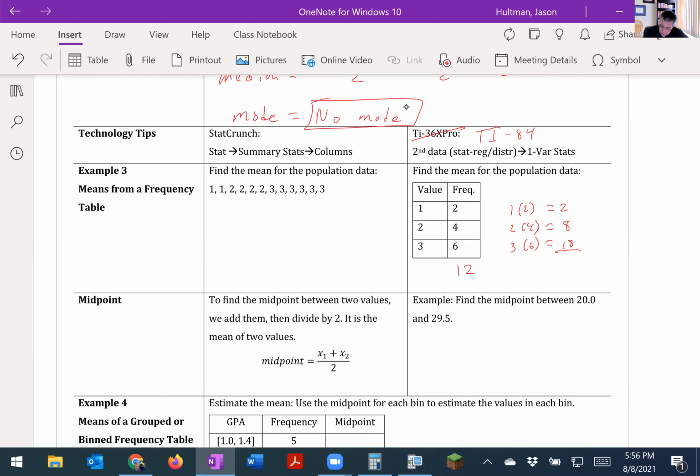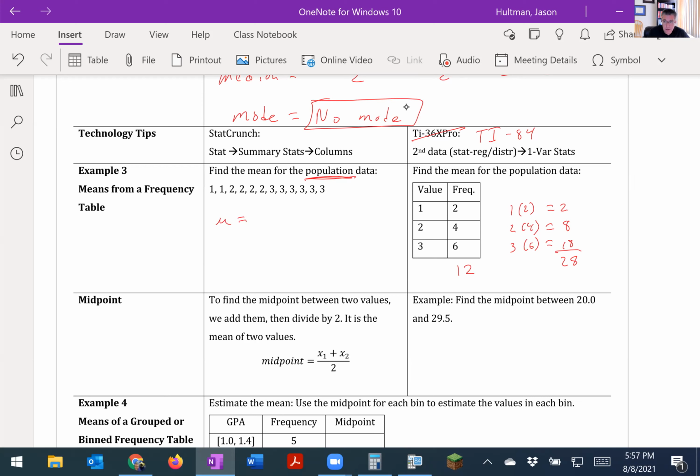So 2 plus 8 is 10, plus 18 is going to be 28 here. Okay, and so to find the mean, we just want 28 over 12. Okay, and it says that it's a population. Okay, and this is the whole population. Instead of X bar, I'm going to go mu.